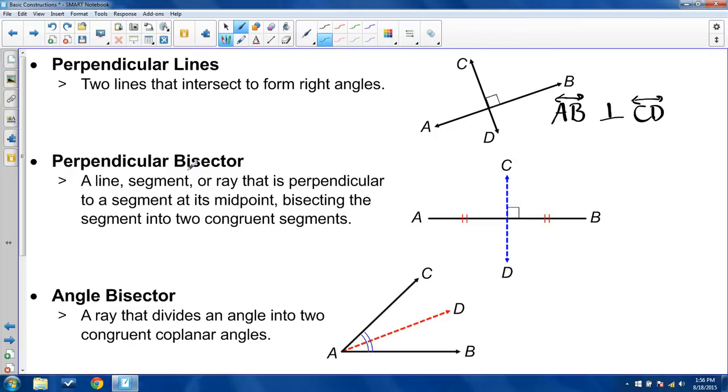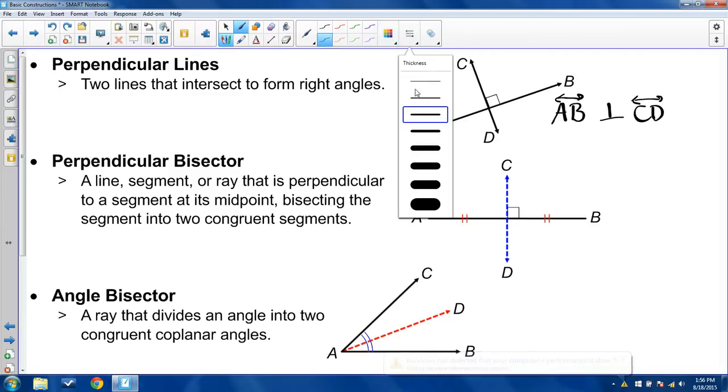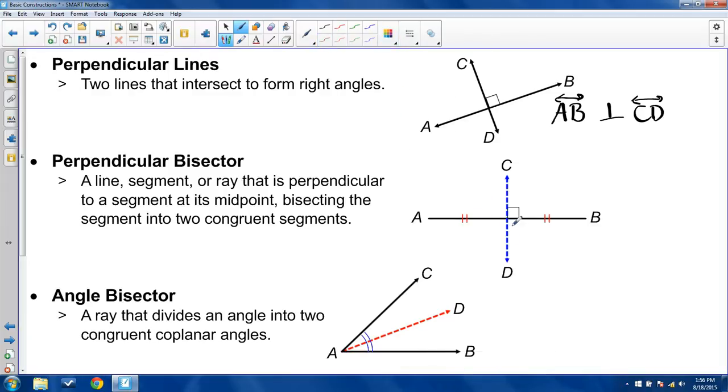A perpendicular bisector is where a segment, now it has to be a segment to be bisected, gets a perpendicular line, ray, or segment drawn through it, so perpendicular, right angle, and it divides the segment into two congruent segments. So right here, let me add another point. Let's call it E, right in the middle. This new point is the point of intersection between AB and CD. CD is a line that was drawn through.